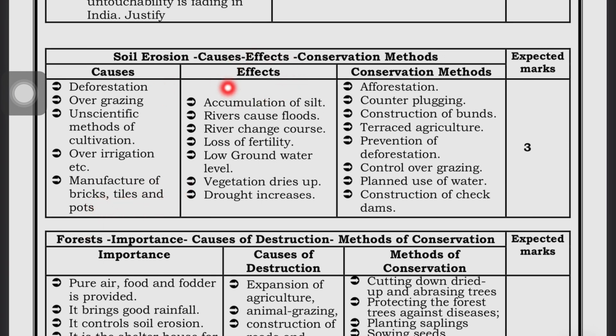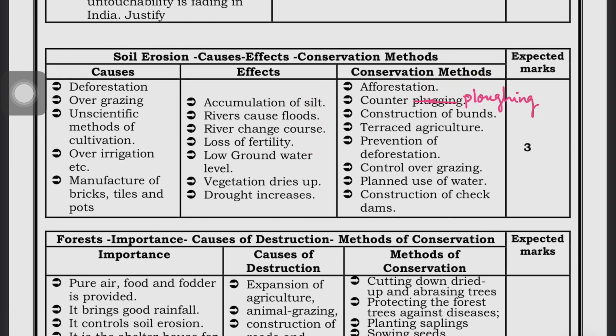So, what are the effects as a result of this? Accumulation of silt, rivers cause floods, rivers change course, loss of fertility in the soil, low groundwater level, vegetation dries up, drought increases. So, what are the conservation methods to be undertaken to avoid these effects?